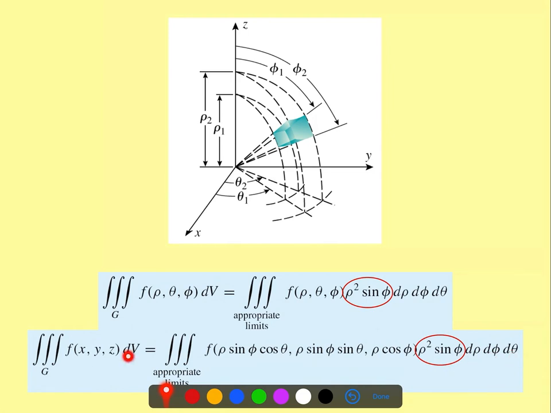So this dz dy dx, or dx dy dz, or some variation of that, is going to be replaced with rho squared sine phi d rho d phi d theta. So that's how we're going to set up integrals using spherical coordinates. And again, dv here is rho squared sine phi d rho d phi d theta.